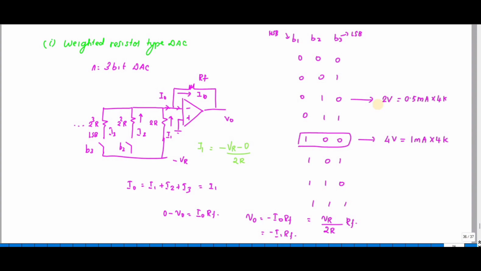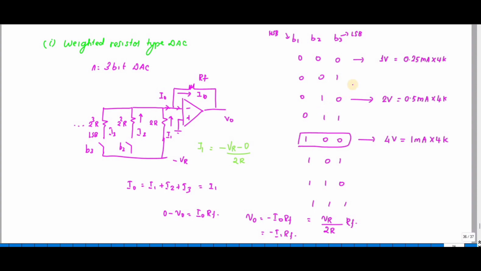If I take I3 as 1 and the rest 0, 0, then it has to be divided by 4. That value should be 0.25 milliamps into 4K, so this value is 1 volt.